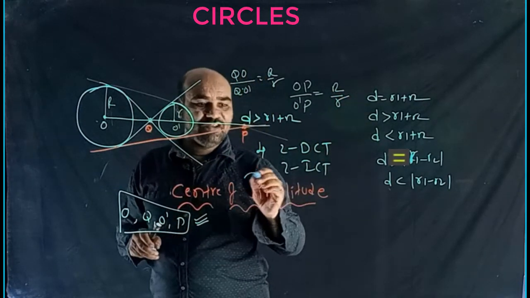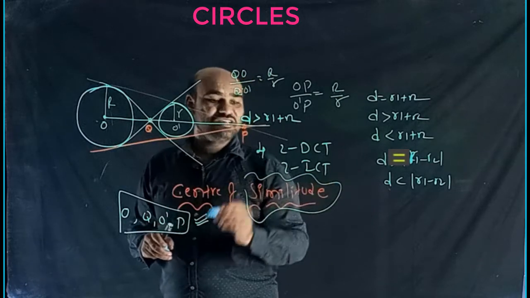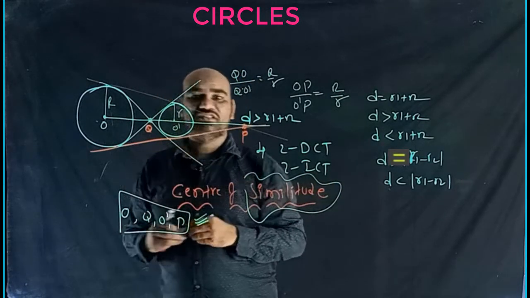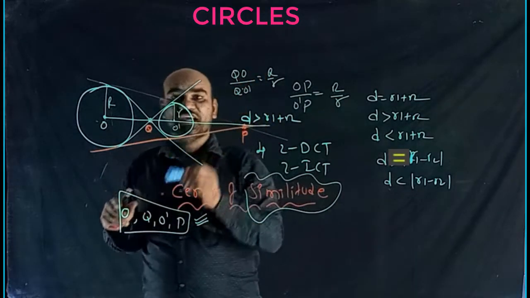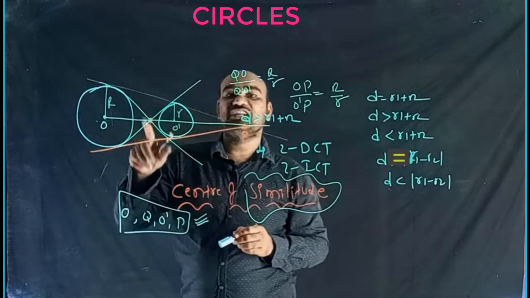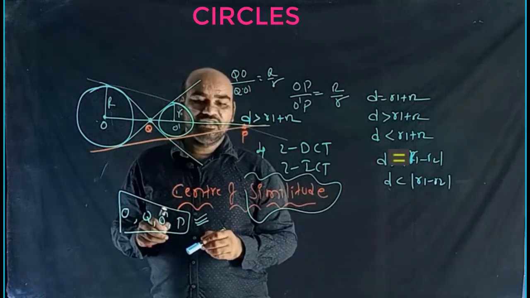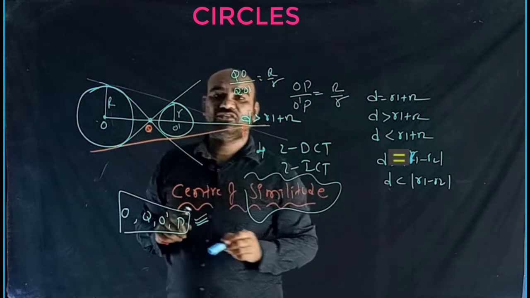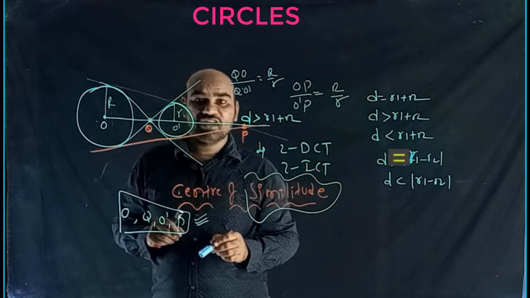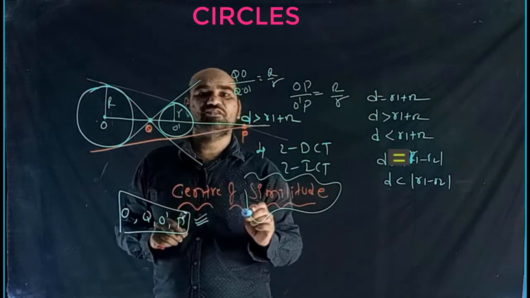First of all, I define what is meant by similitude of two circles: the point of intersection of common tangents. The point of intersection of transversal common tangents is known as internal center of similitude. The point of intersection of direct common tangents is known as external center of similitude.